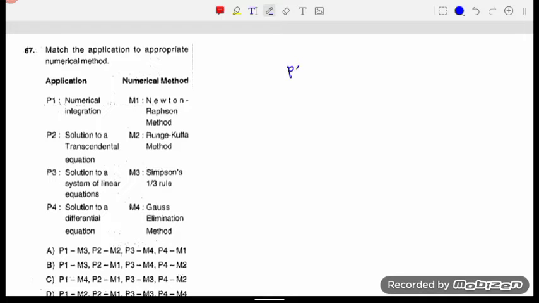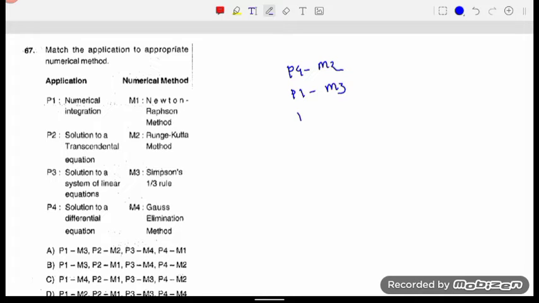So P4 matches with M2. You should also know that P1, that is numerical integration, is solved with Simpson's 1 by 3rd rule. So P1 is M3, and the solution to a system of linear equations is P3. Another remaining one is P2, the solution to a transcendental equation.